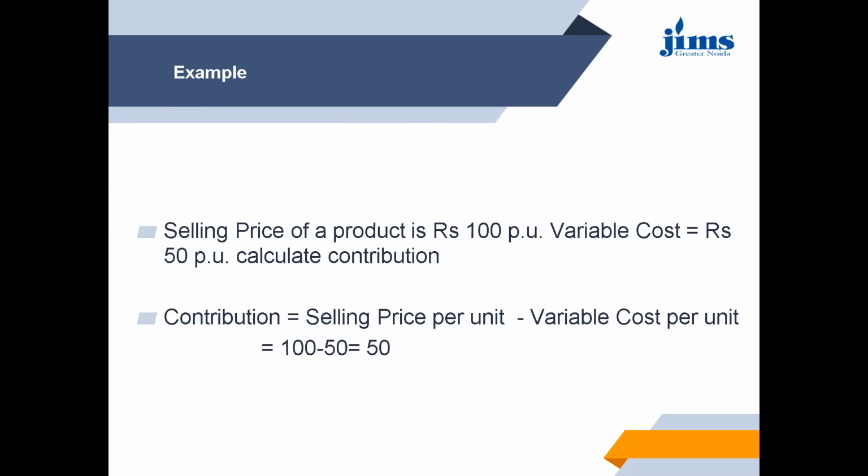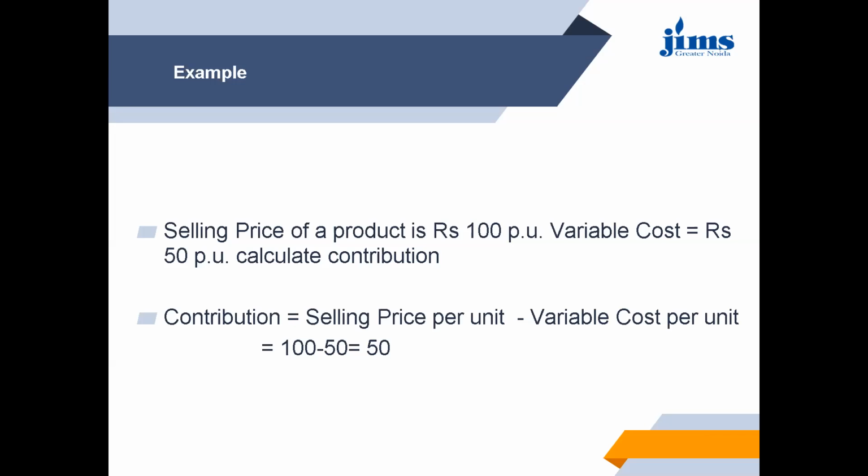Now, taking an example: a product's selling price is given as 100 rupees per unit and the variable cost of that product is 50 rupees per unit. We have to calculate contribution. Contribution can be calculated per unit or as a total amount.